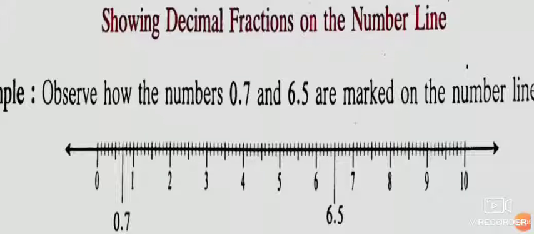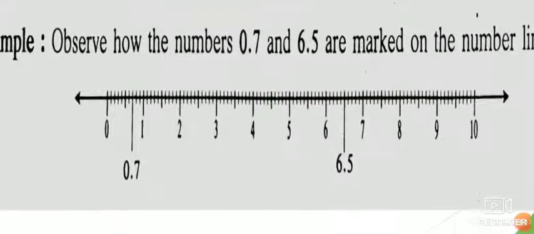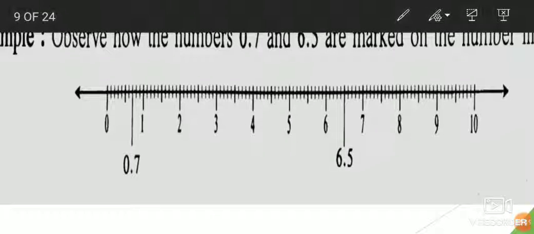Now 1 after 0, whatever line we are counting, that is 0.1, and then 0.2, 0.3, 0.4, 0.5, 0.6 and 0.7. Okay students, see here, this is 0.7. Okay, 0.8, 0.9, and this is the 1.